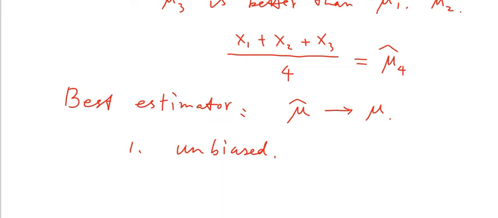So if we take x1 plus x2 plus x3 divided by 4, we use this to estimate mu. Suppose the true value is here. According to your method, your formula, sometimes it cannot be exactly equal. Sometimes you estimate a little bit high, sometimes a little bit less, but on the average it equals the true value. So this is called unbiased.